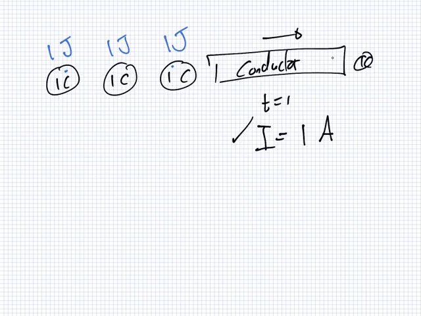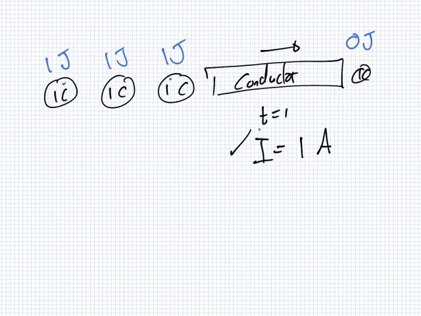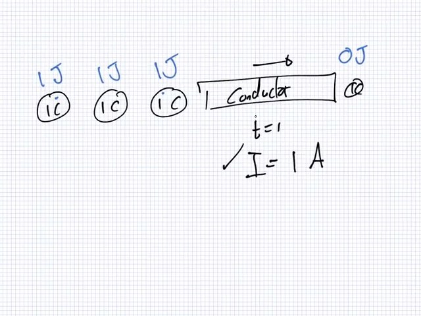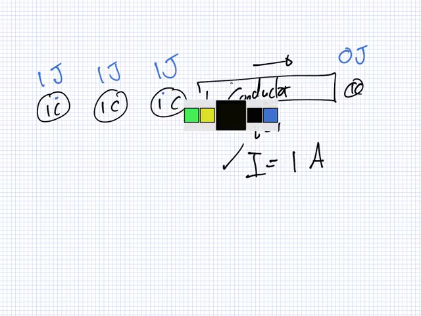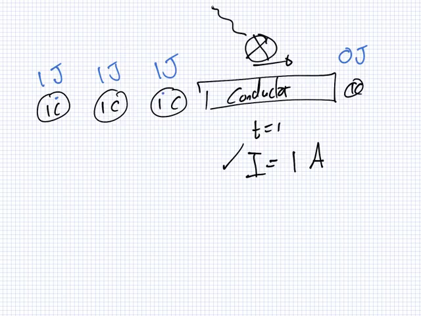But after they move through the conductor, they lose this joule of work they could do. So they can no longer do a joule of work. Now we know that energy cannot be destroyed. So what happened here? It changed. Now, it could have changed into anything. Maybe this conductor was a light bulb, and so it came out as light. Or maybe it came out as heat. But anyways, it came out and it was lost.